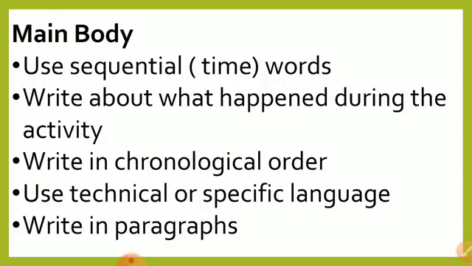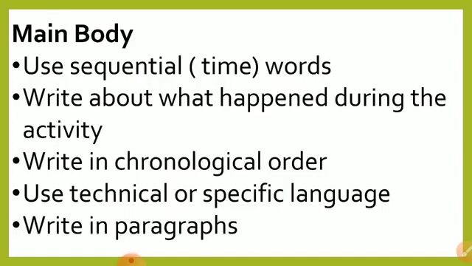Then in the main body, we should use sequential time words, meaning firstly, then, or we can write initially, afterwards. These time words should be used. Then write about what happened during the activity. When you experienced that activity or event, what happened, we have to write about that.